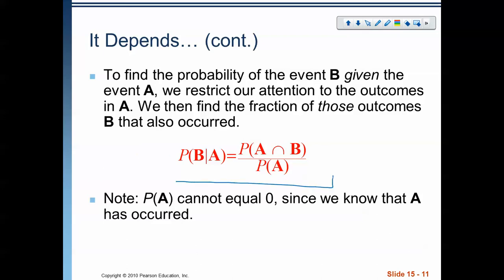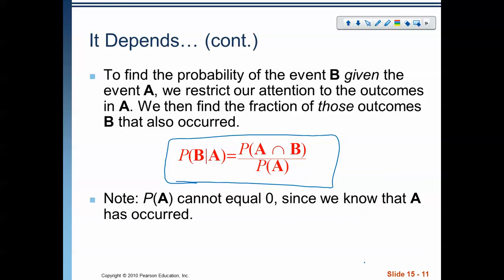So that's what this formula here is representing. The probability of B given A is the same thing as the probability of A and B divided by the probability of A. That is, all of the outcomes in which B occurred as well as A, divided by the probability of A. Okay?